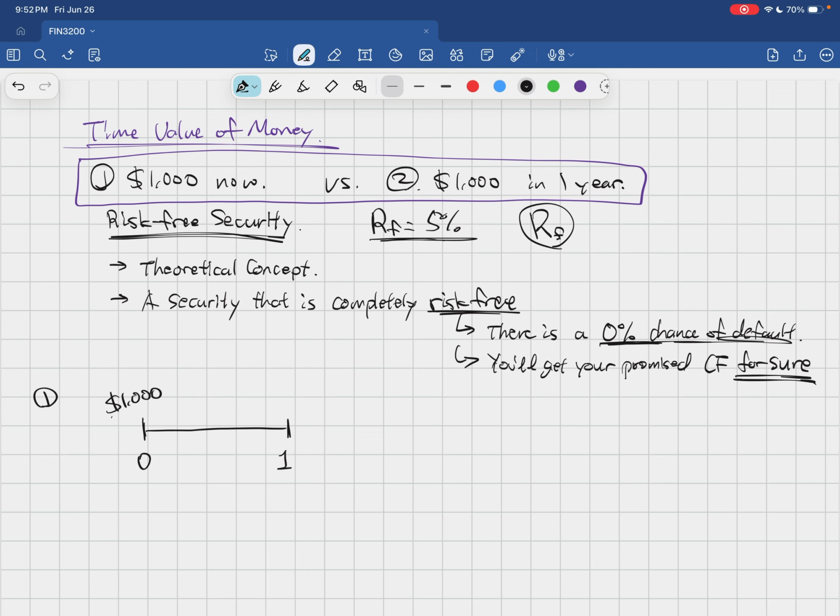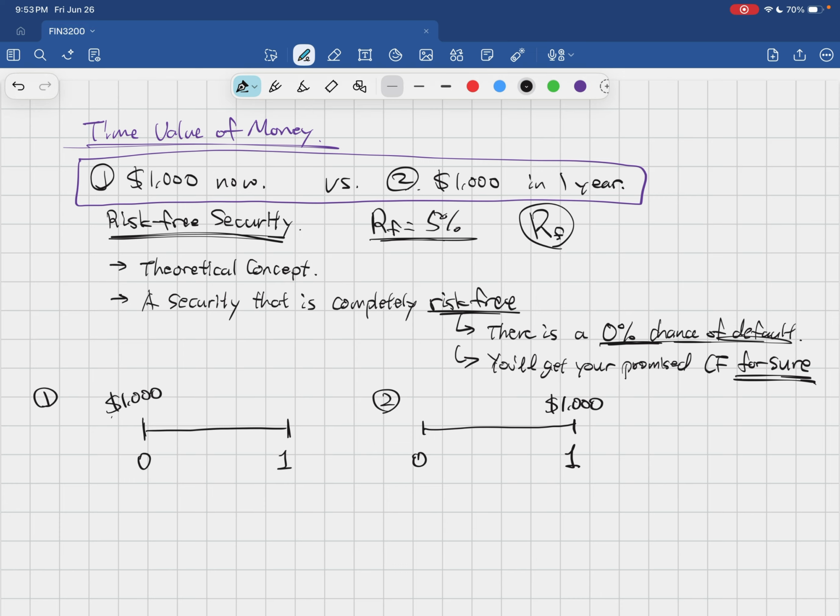So you want to put the $1,000 above time 0, indicating when the cash flow is occurring. And option 2 is promising something else. We still have time 0 and time 1, but the promise is that you'll get $1,000 in year 1.